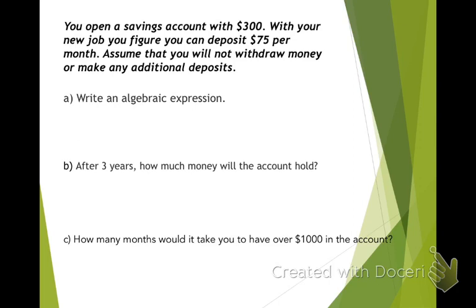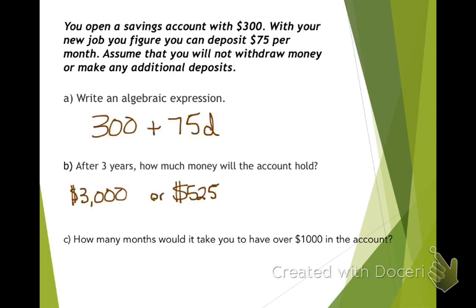You do it. Which one? I'm assuming on A you did okay. 300 plus 75D, right? As far as your expression, you may have went 75D plus the 300. I've got two answers down here on B. One of them's right, one of them's not.